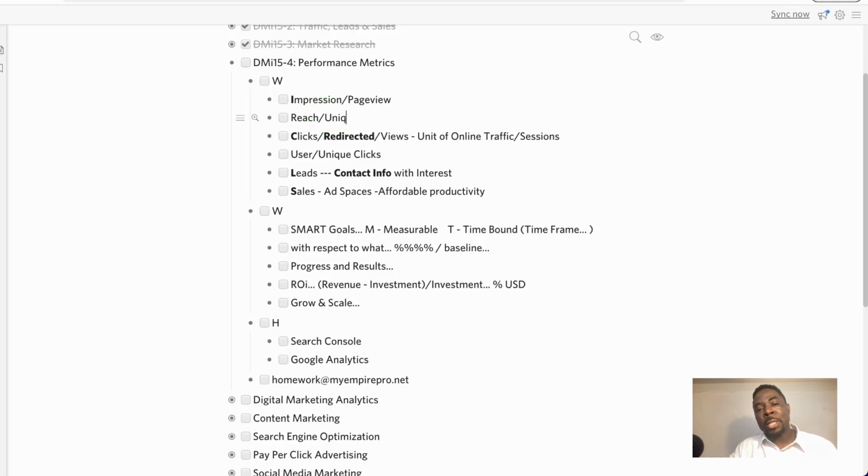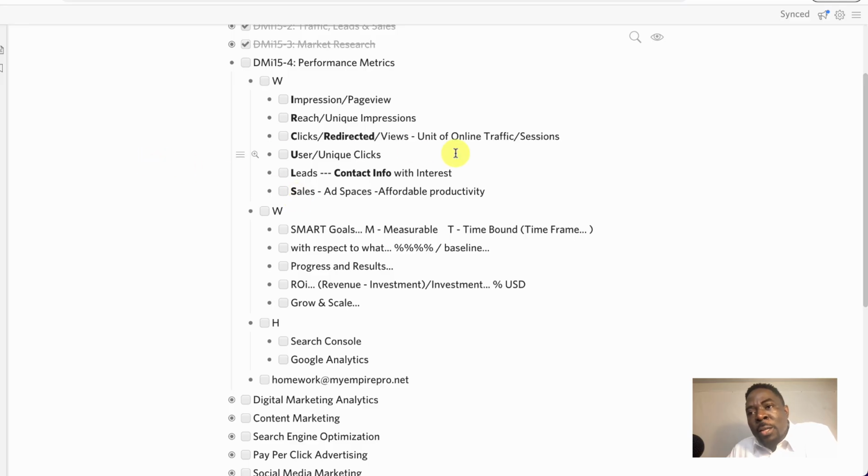If a person has seen the ad or your video or just a thumbnail of your video or any piece of online content that you have, even 5 times, they only count as 1. So unique impressions is called reach. It just tells you how many people your content has reached. Very simple. Well, simple, not necessarily easy, right?